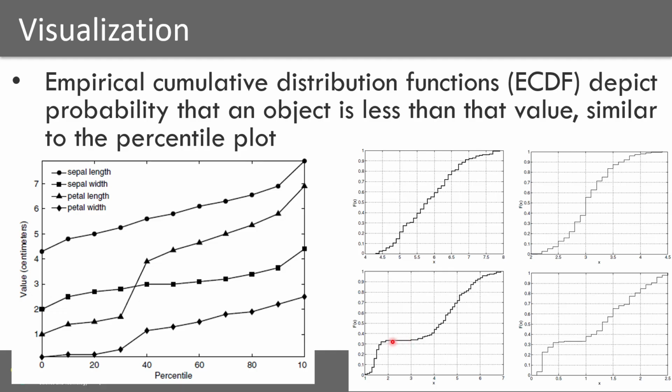So this likely corresponds to a bimodal distribution. We can expect that the CDF, the empirical cumulative distribution function, will look like this, because in a bimodal distribution there is one mode and then there is another mode, and in between there are simply no data points for that particular attribute, and that will give us these flat regions.